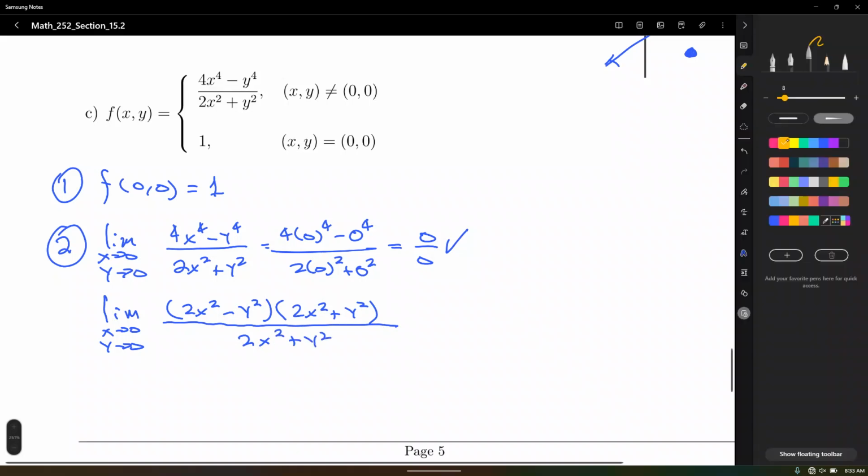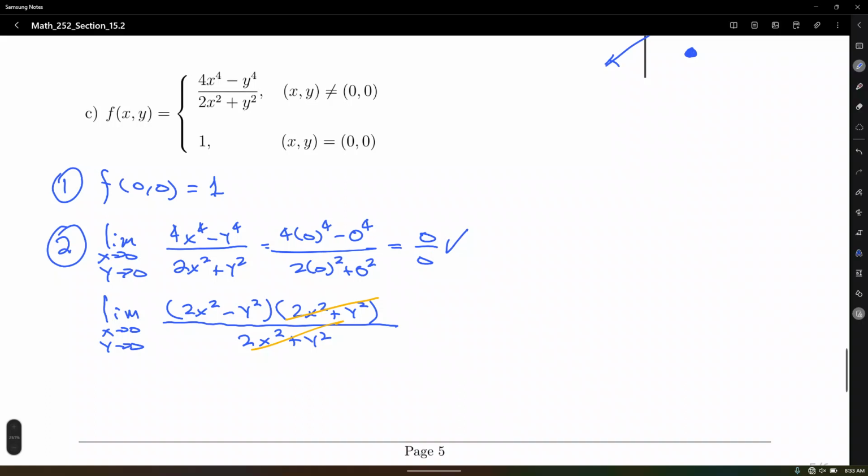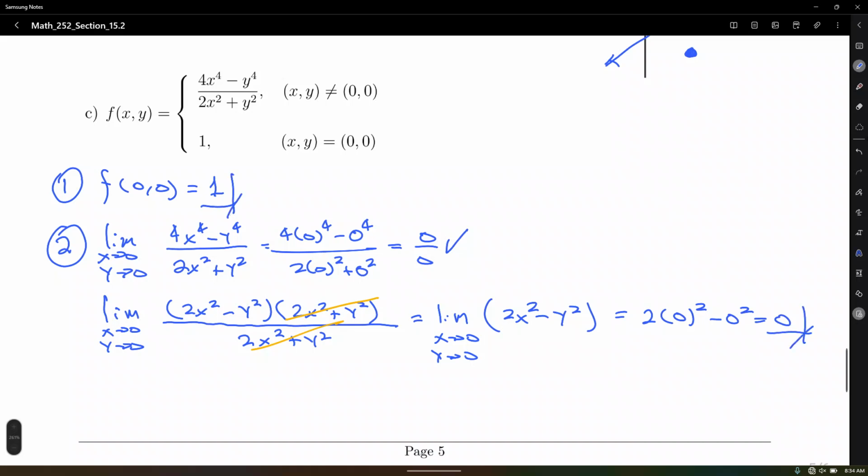Now see how we may divide out these two factors. Those are the factors causing the 0 over 0, which gives the indeterminate form. That leaves us with the limit of 2x squared minus y squared as x approaches 0 and y approaches 0. Direct substitution again gives us 0. So while 1 is the value of the function, 0 is the value of the limit.